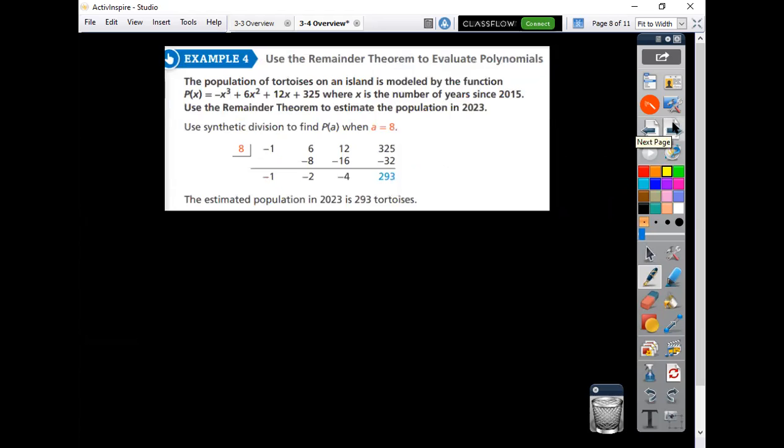The population of tortoises on the island is represented by that polynomial. X is the year since 2015. Use the remainder theorem to estimate the population for 2023.